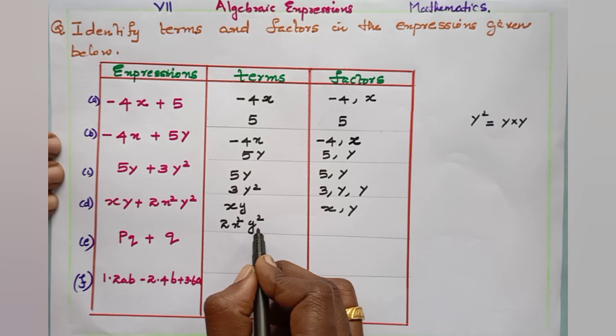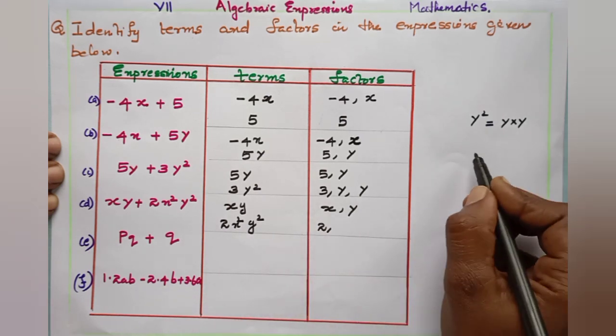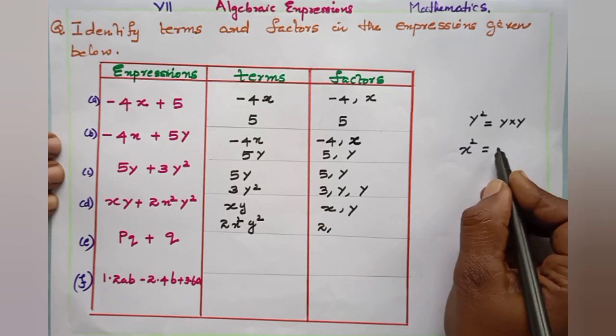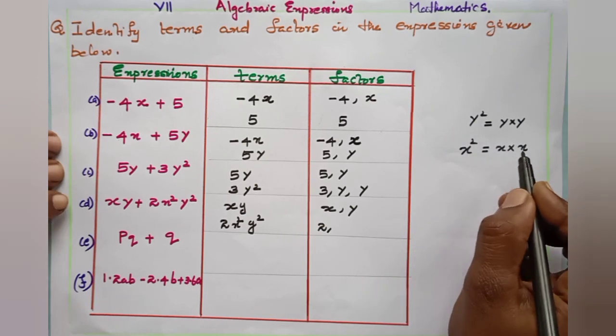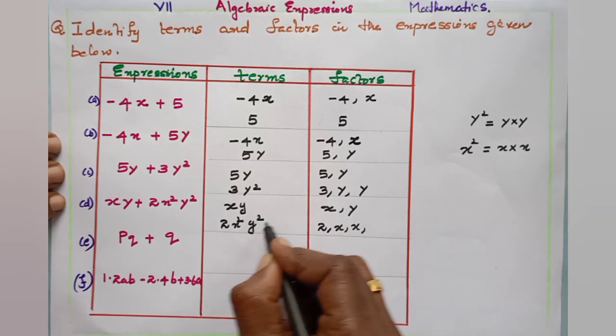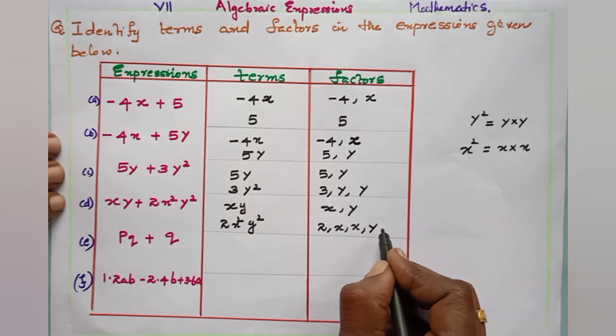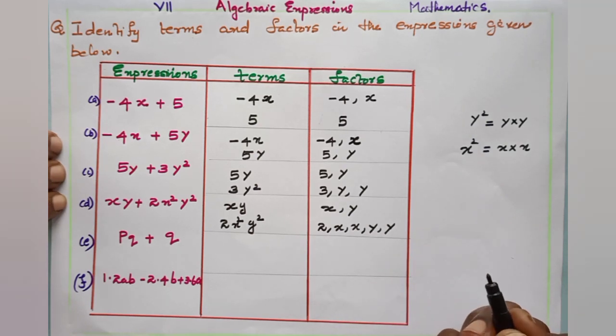For 2x square y square, the factors are 2 comma x square, which is x into x, so 2 comma x comma x comma y square, which is y into y. So y comma y.